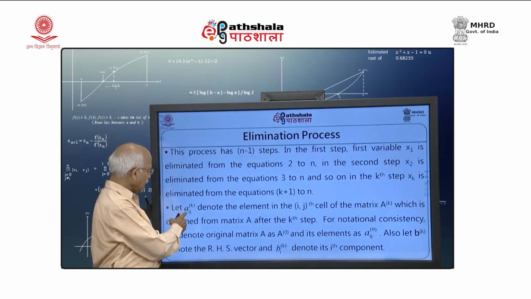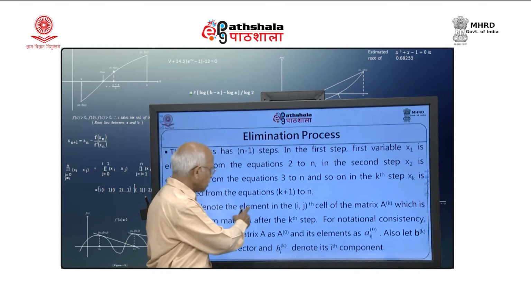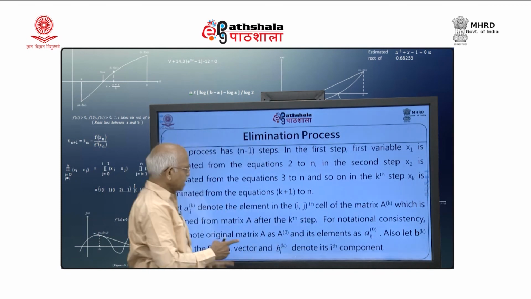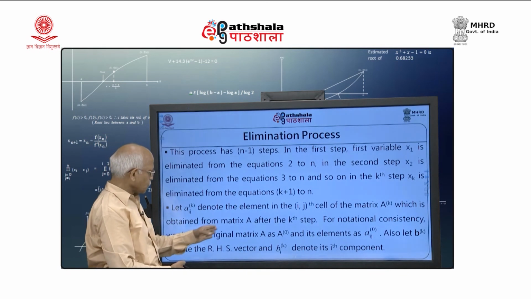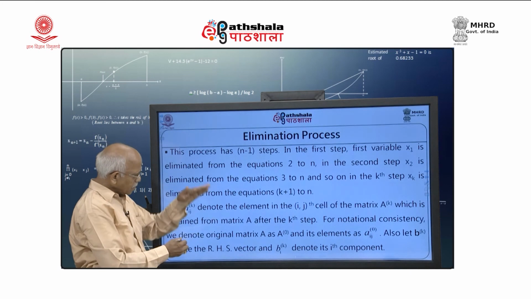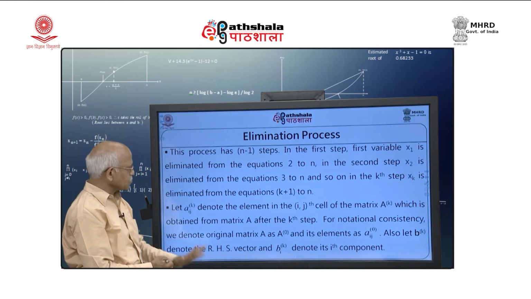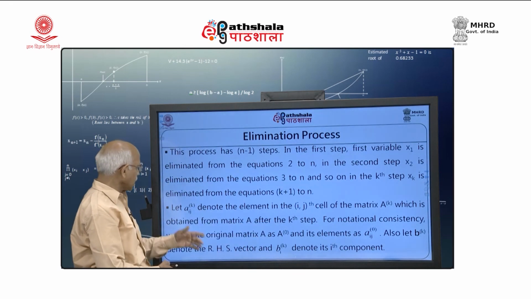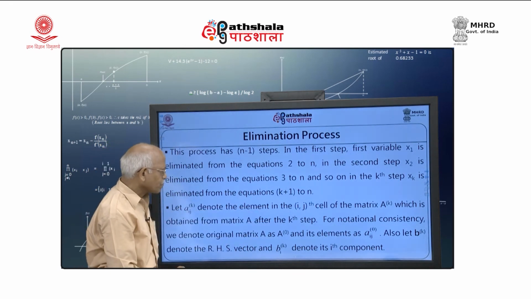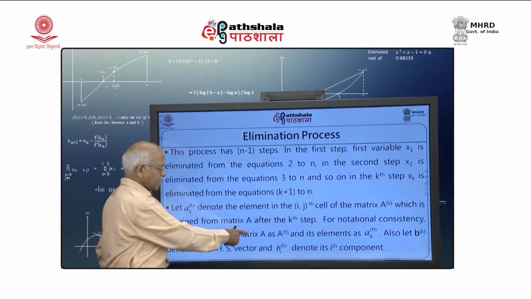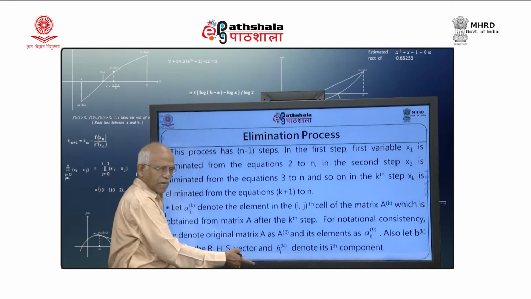Let a i j superscript k denote the element in the i jth cell of the matrix A k, which is obtained from matrix A after the kth step. So, there are n minus 1 steps involved in the method. After the kth step, whatever matrix is obtained, I am denoting it by A k. For notational consistency, we denote the original matrix A as the 0th step, because nothing has been done on it.